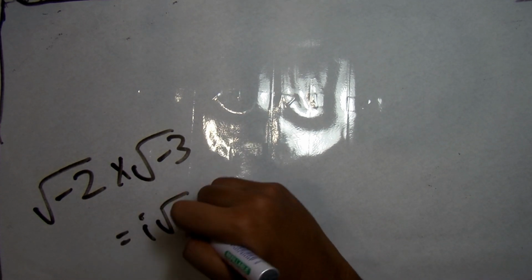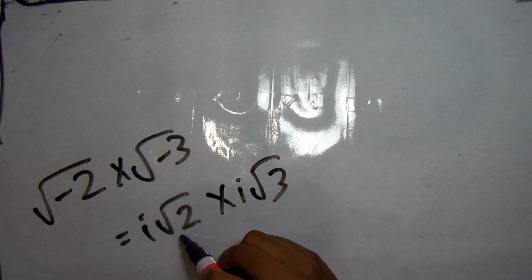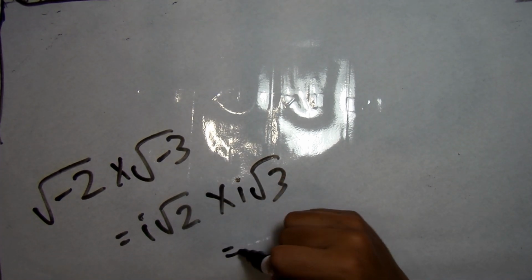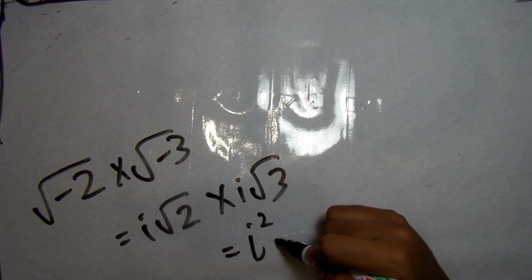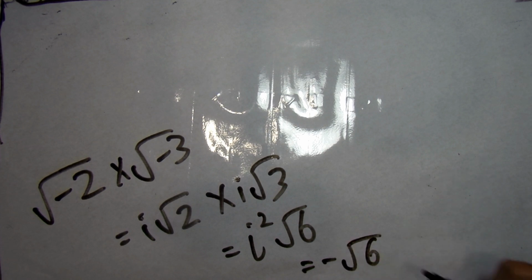If both are converted to complex form, it's i root 2 multiplied by i root 3. So the root and the root can be combined like expressions, and the i and the i form the i square. So i square root 6. i square is negative 1, so negative root 6.